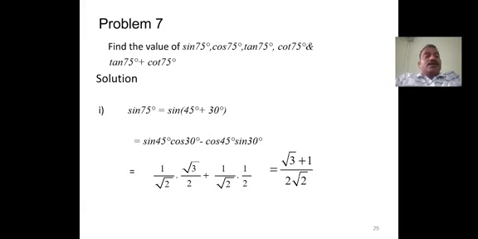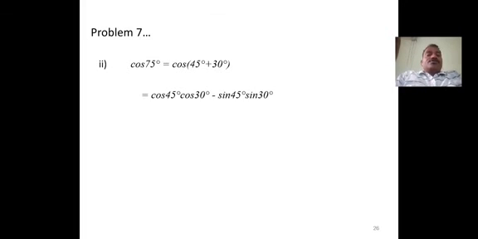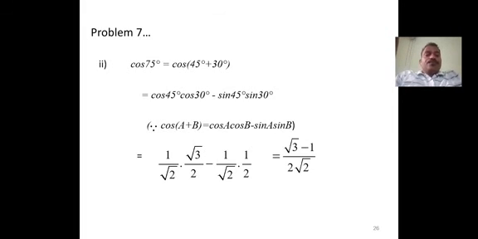It is (root 3 plus 1) by 2 root 2, the value of sine 75. Similarly, cos 75, same, cos of 45 plus 30. So here cos A plus B, cos A cos B minus sin A sin B. Then you can get it as (root 3 minus 1) by 2 root 2.